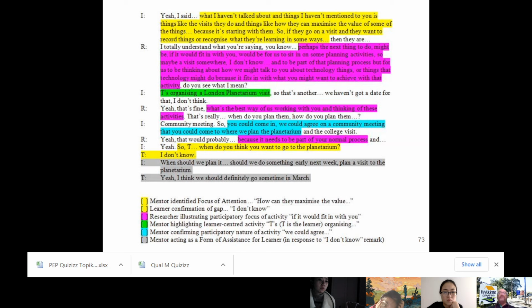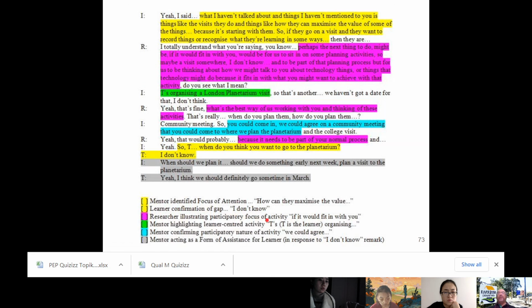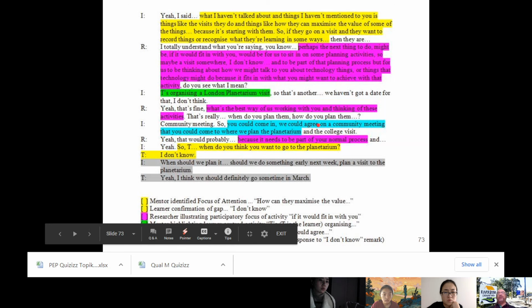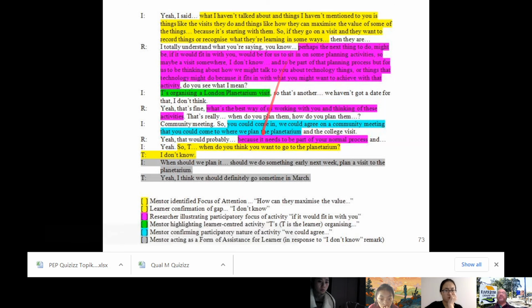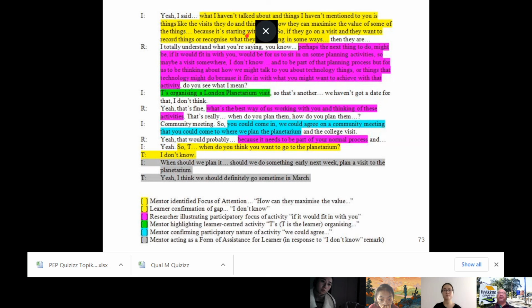Using NVivo is very easy, very user friendly. This one is just to visualize. If we do it manually, it goes something like this. You need to highlight and then write down the labels or the codes of this group of words.